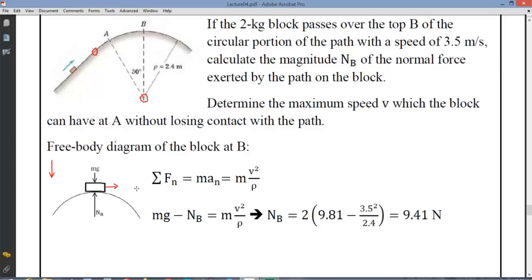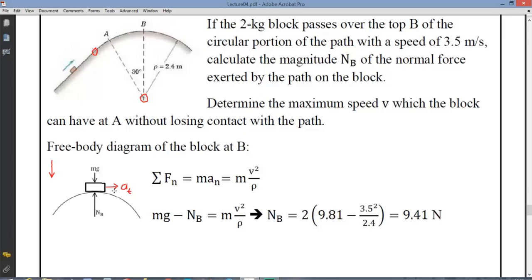Now, here you need to remember the NT coordinates. Acceleration has two parts. One part is about the change of the magnitude of the velocity, and that part of the acceleration will be in this direction. So A tangential, we call it, right?